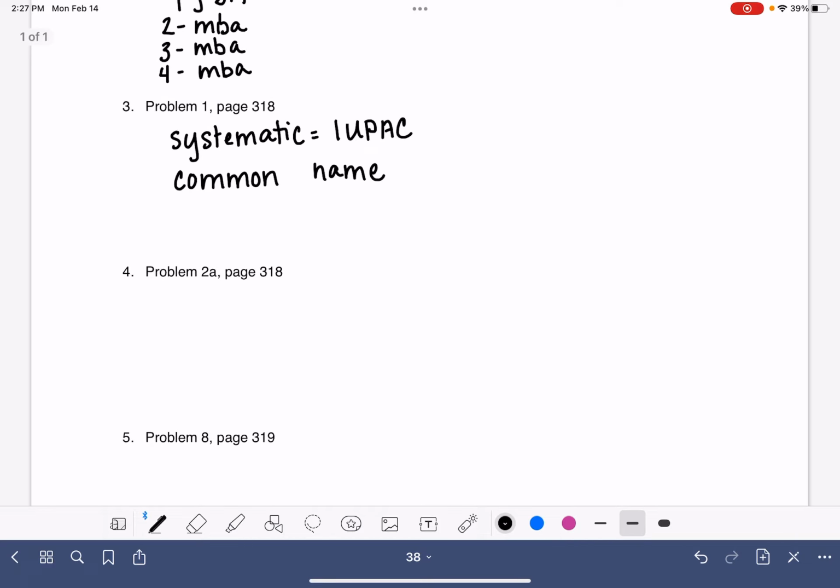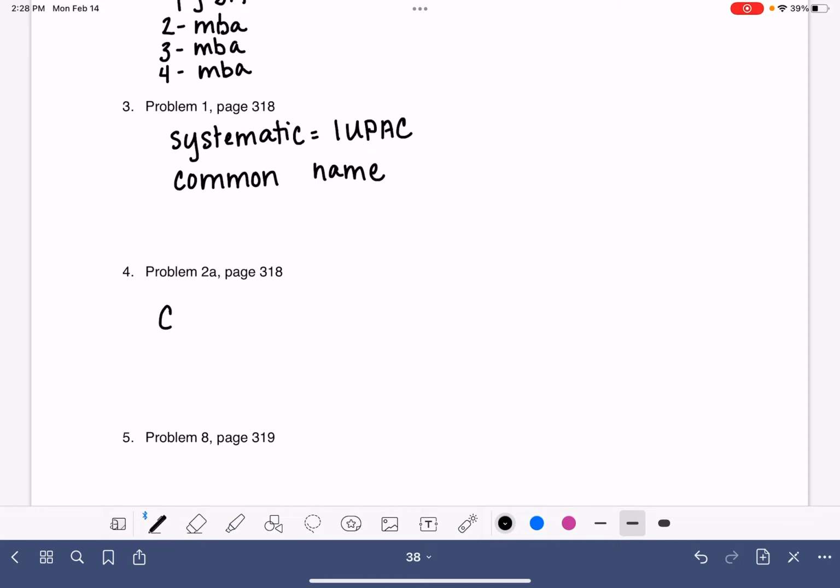Then in problem number 4, you're going to be doing 2A from your textbook, just A, and this is asking you to write a balanced equation for the reaction of anisine, the reaction that you performed. I'm going to give you some tips for this. First you're going to be giving the structure of anisine, and you're going to want to write the whole structure out.